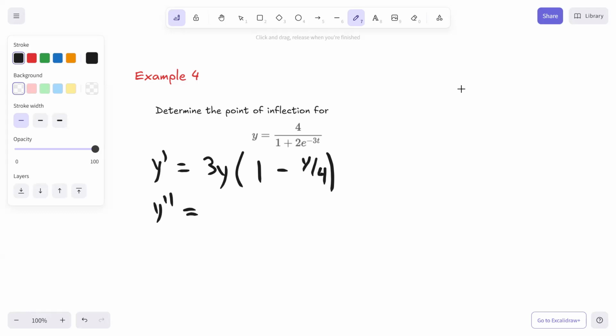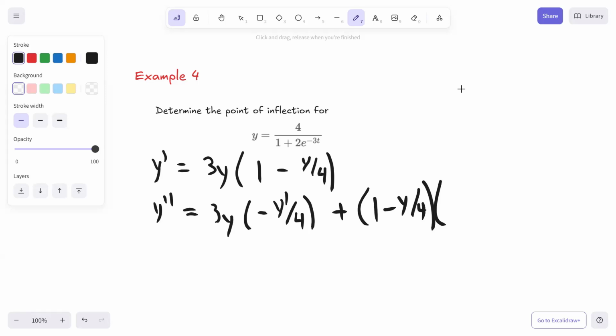So we would use the product rule, the derivative of the first times the second, which would be negative y prime over 4, plus the second times the derivative of the first, which is 3y prime. Simplifying that a little bit, we can factor out a 3y prime, and you'd be left with 1 minus y over 2 if you did that.